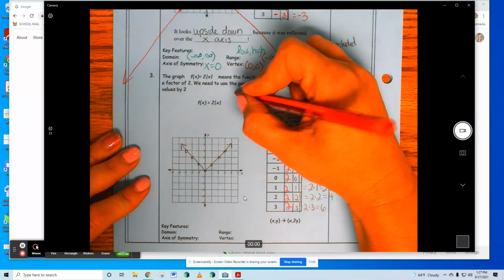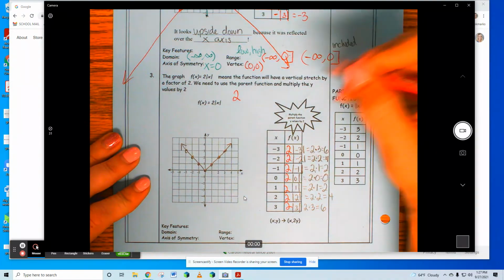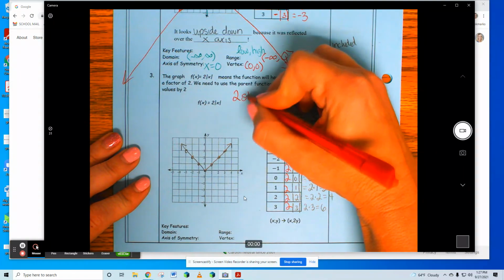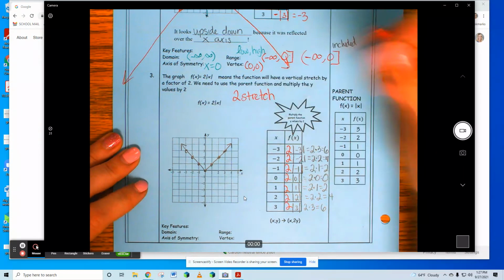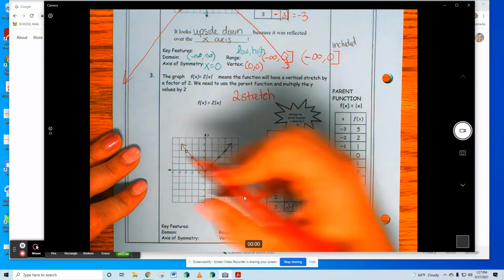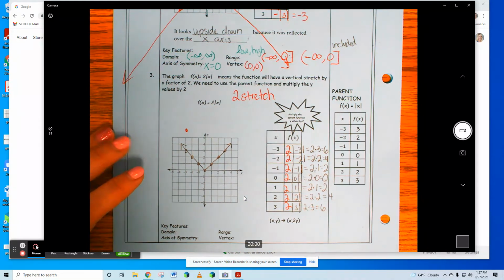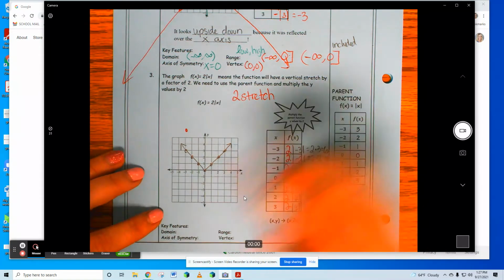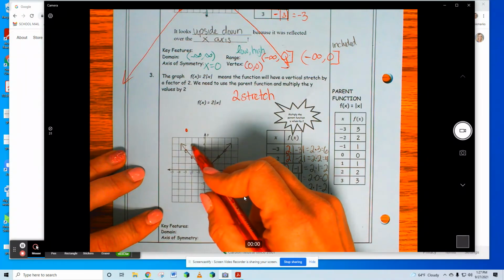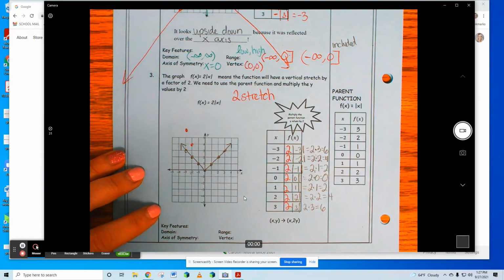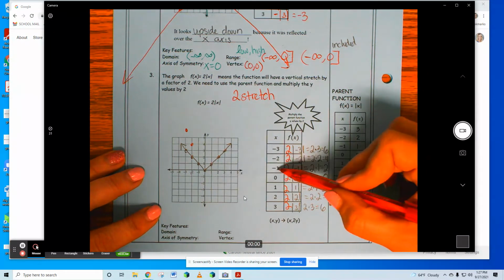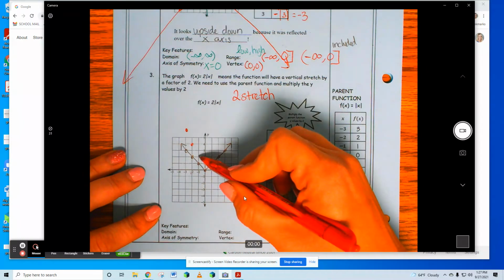The 2 is a stretch. It stretches it. -3 up 6. Oh, it's off the graph. 2 to the left up 4. -1 up 2.